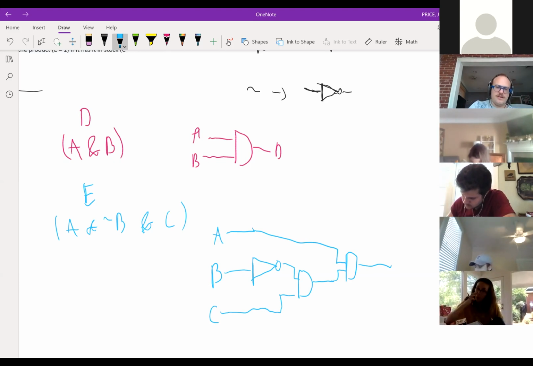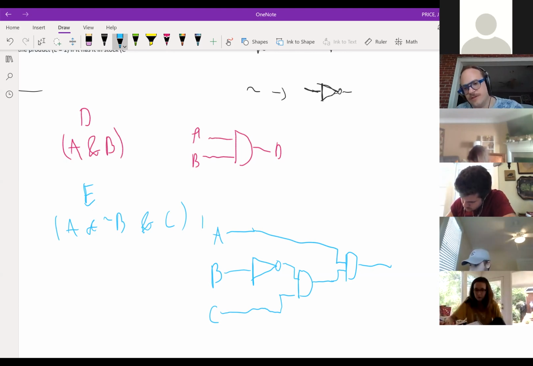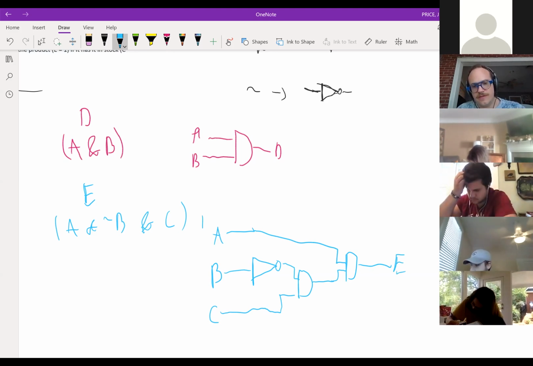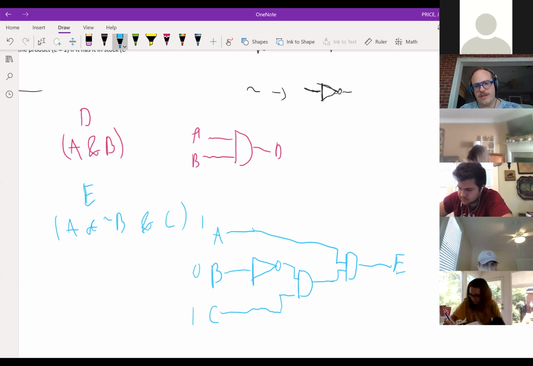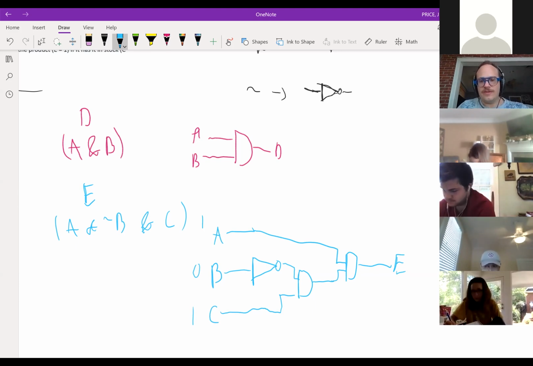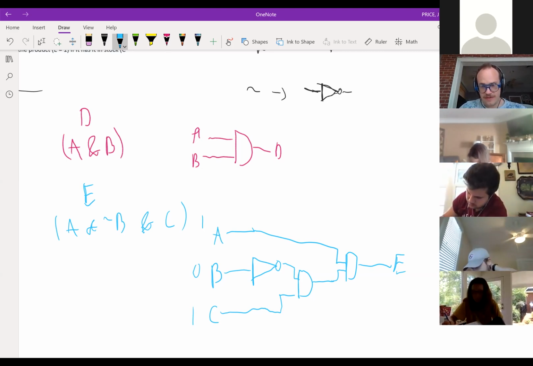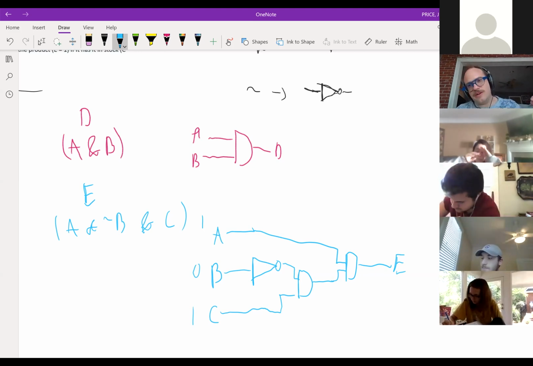So the idea here is that this circuit will only send one signal to E if the inputs are 1, 0, 1. So 1 being the operator pressing that button, requesting a resupply, 0 being warehouse B not having it, and then C is warehouse C having the product.